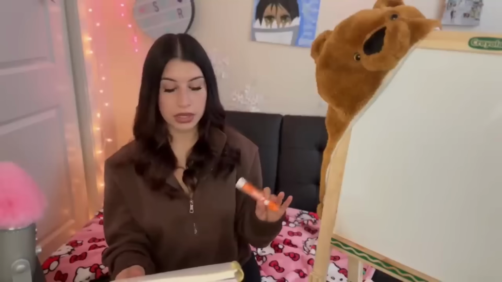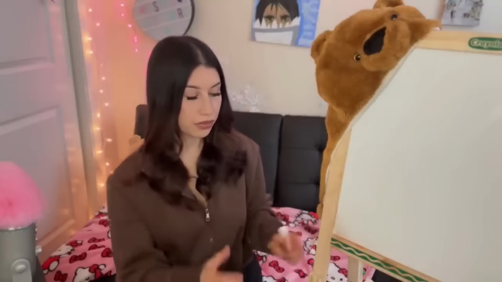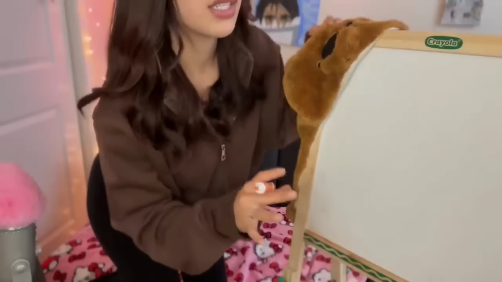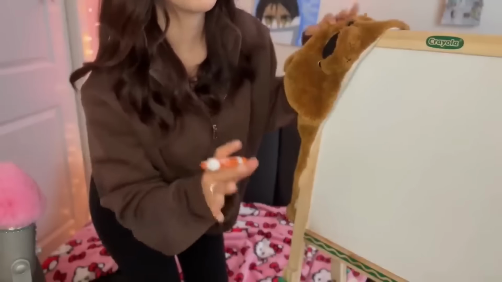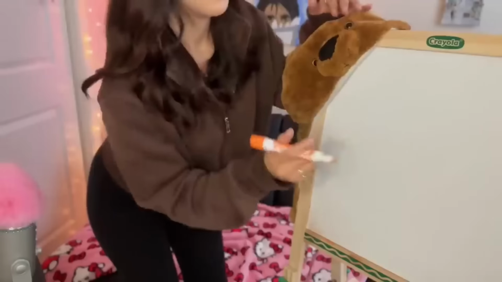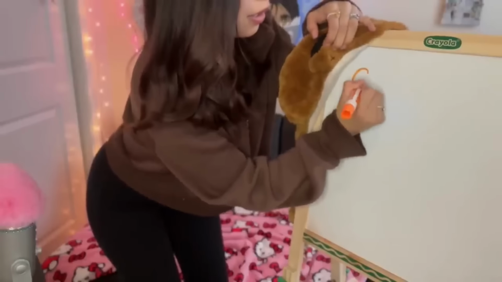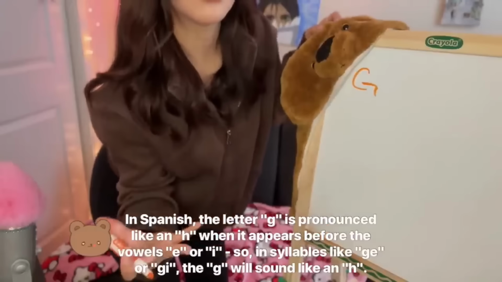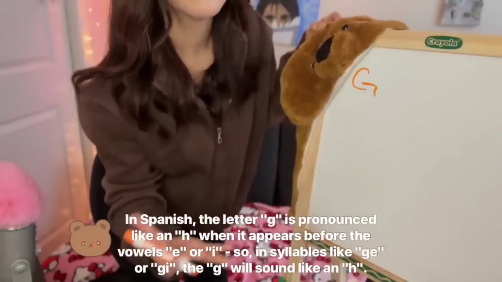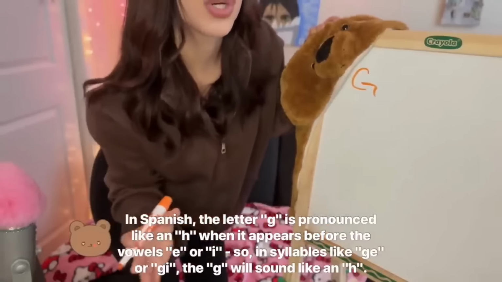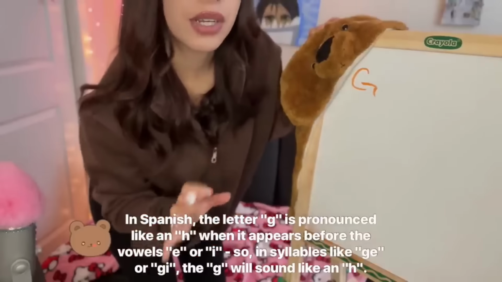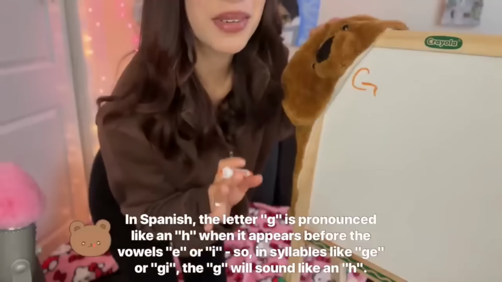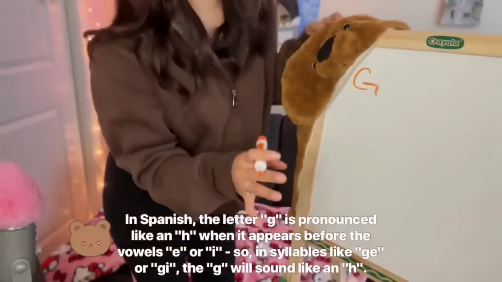Let me write it down for you. Let's get into one of the differences between the English and Spanish alphabet, right? We have the letter G. There's a lot of different words that have the letter G, and they're all pronounced very differently. But don't get overwhelmed. We have a lot of time to learn all of them.